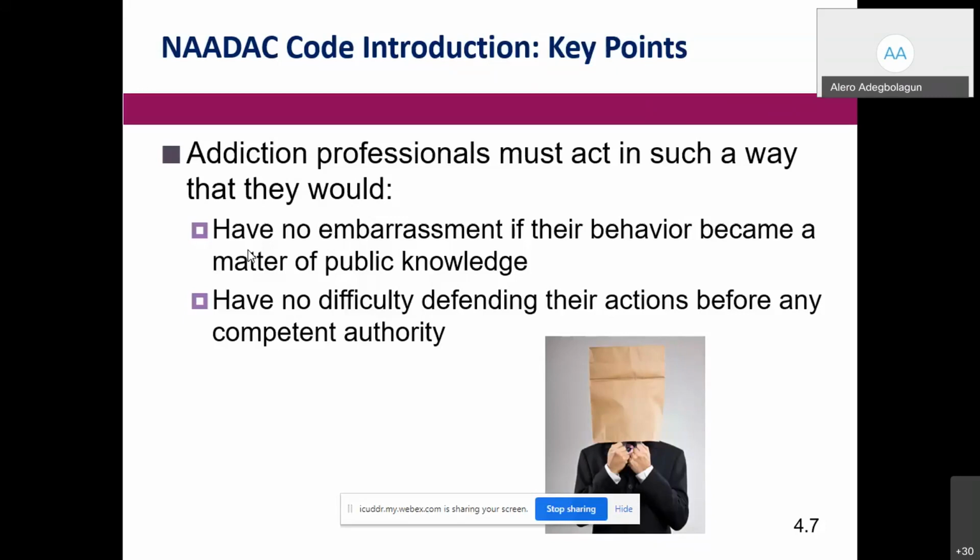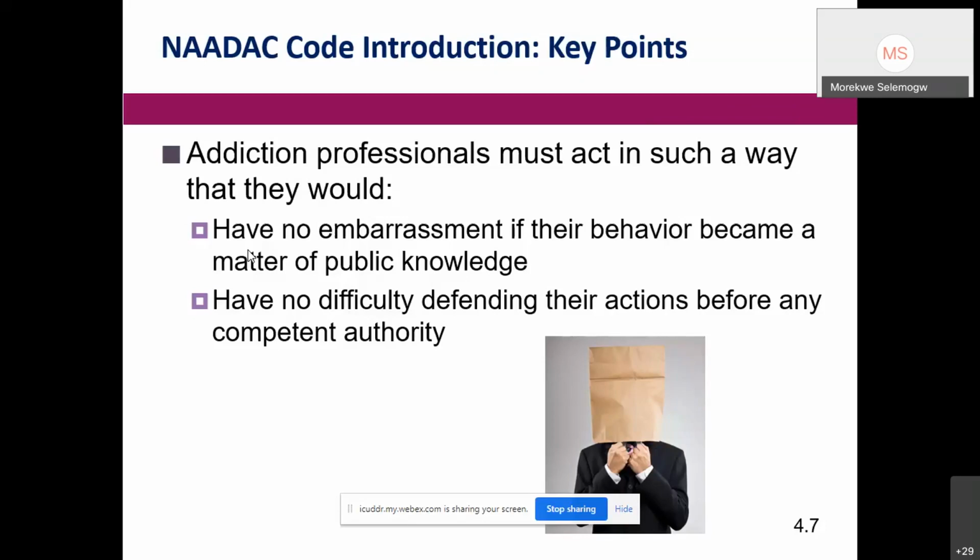I know that there are some colleagues who sometimes say work is work and life is life. I've left that at the workplace. This is not the workplace. But in terms of the key points for NAADAC, their understanding is that we should, as addiction professionals, behave in such a way that there's not so much of a conflict or embarrassment if our behavior becomes public knowledge. And therefore, there is that extension in terms of what we do as professionals.